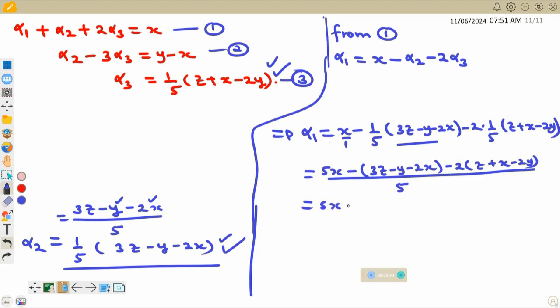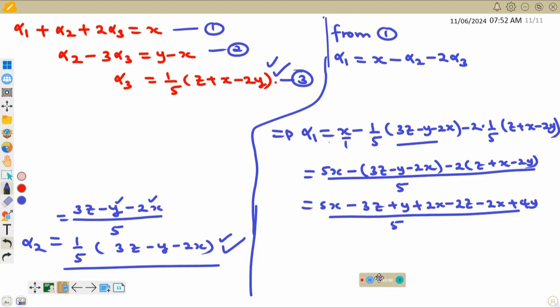This will be 5x minus 3z plus y. This will be plus 2x. Then this will be minus 2z minus 2x. Then plus 4y. Everything divided by 5.